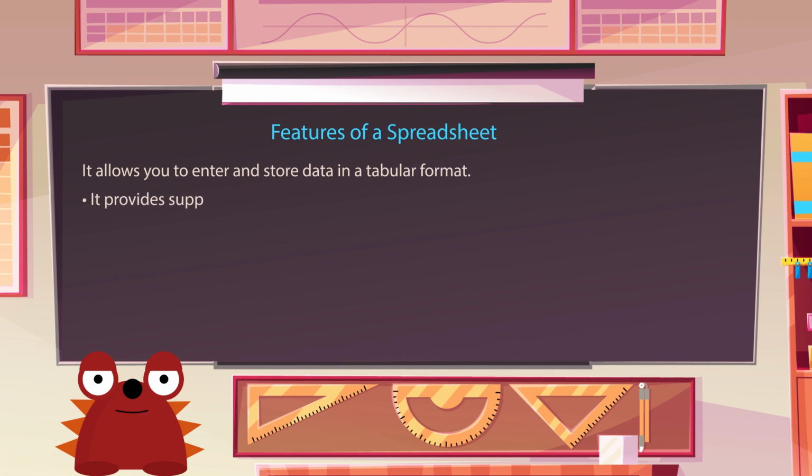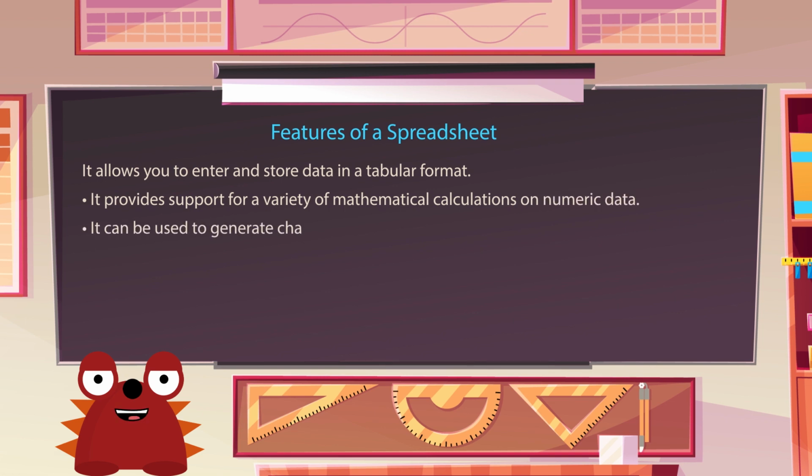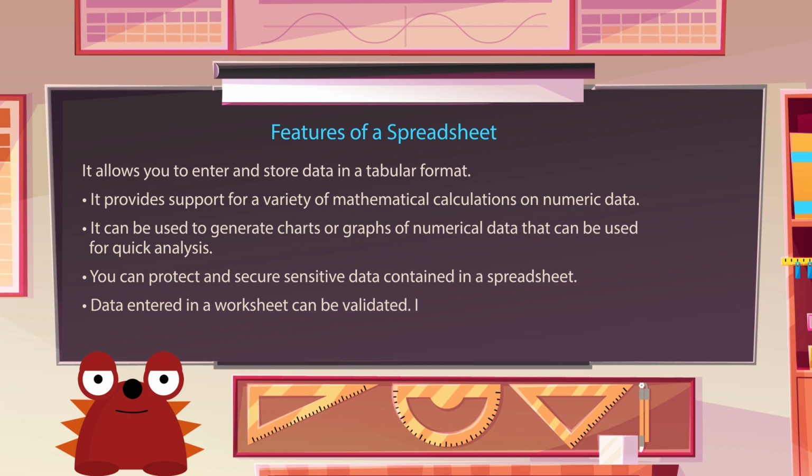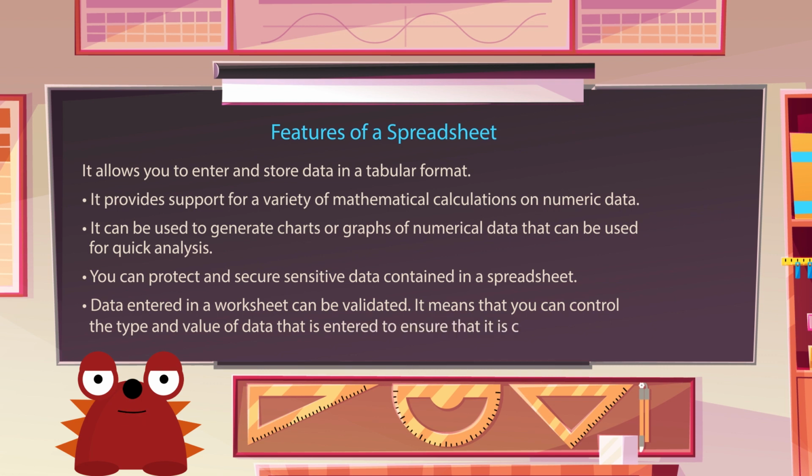It also provides support for a variety of mathematical calculations on numeric data. Then, it can be used to generate charts or graphs of numerical data that can be used for quick analysis. You can also protect and secure sensitive data contained in a spreadsheet. And data entered in a worksheet can be validated. It means that you can control the type and value of data that is entered to ensure that it's correct.